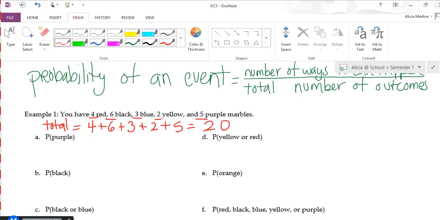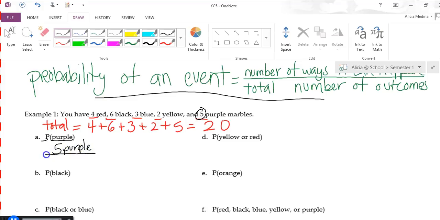So now it's going to make it a little bit easier to answer all the rest of these questions. The first one says, what is the probability of purple? P stands for probability, and then this is what we're looking for. The top is the number of ways we can get purple. How many purple marbles do we have? We have 5, over how many we have in total?